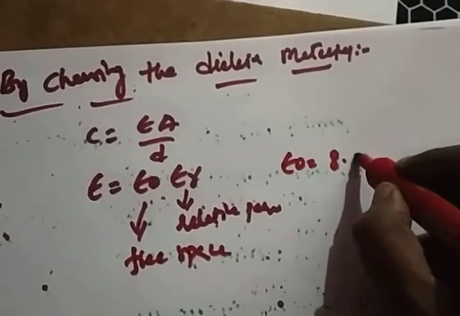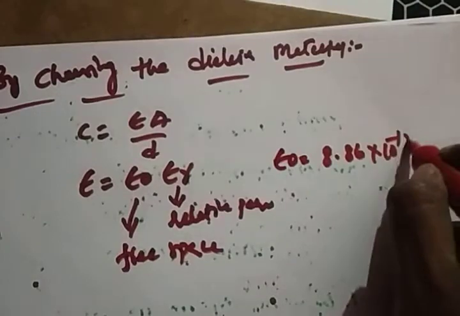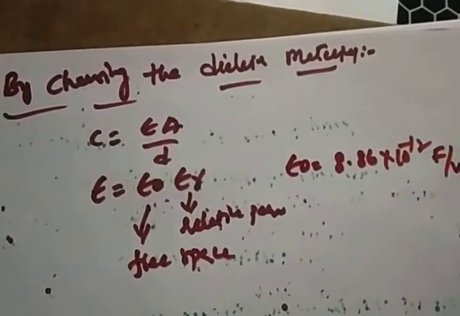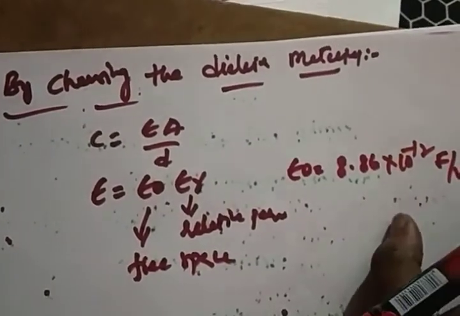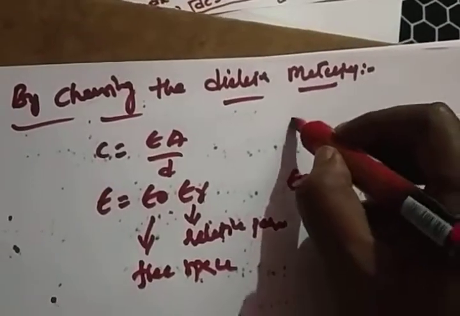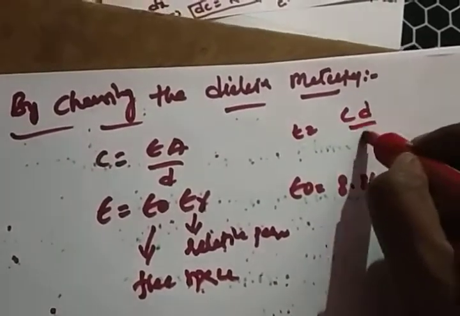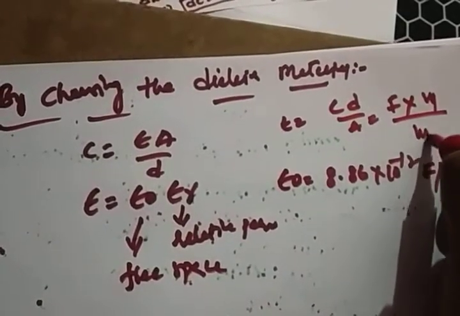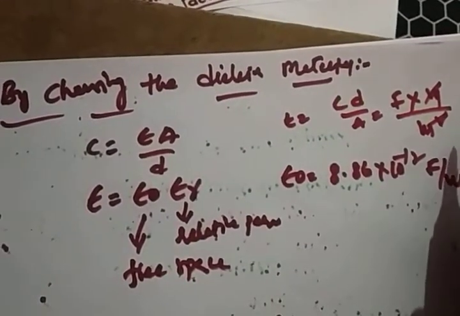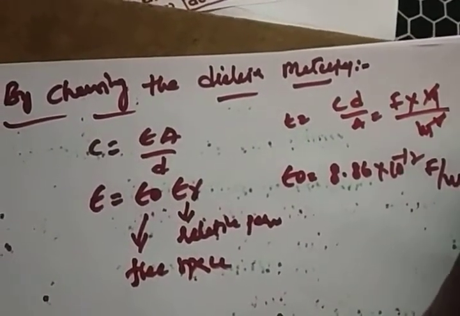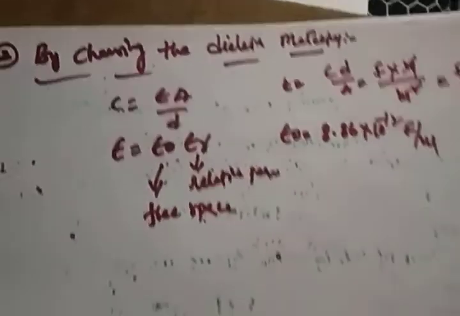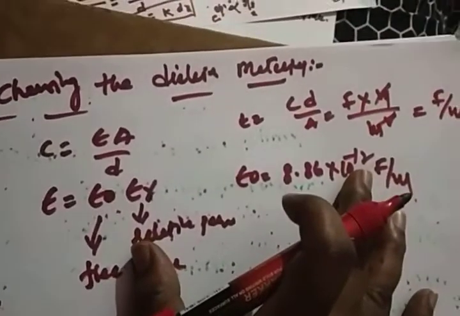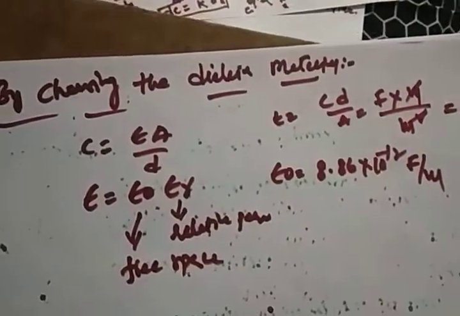You know that it is 8.86 into 10 power minus 12 farads per meter. So what is the unit for permeability? You calculate epsilon is equal to C d by A. C is farad, d is meter, A is meter square. Meter gets cancelled. So what is the unit? Farad per meter. So this is the permeability of free space or air, whatever it may be.